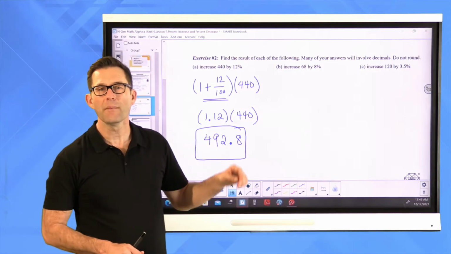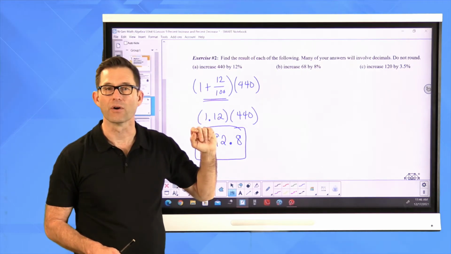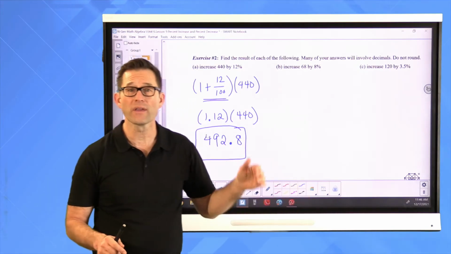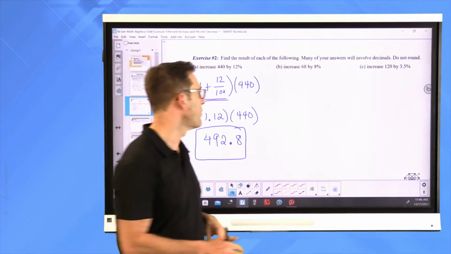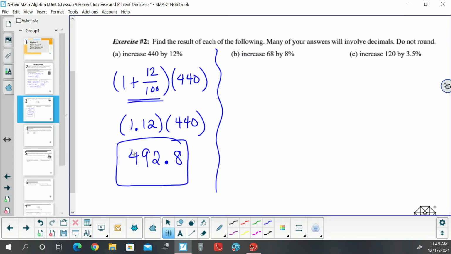Now again, I'm going to keep emphasizing this first calculation, this 1 plus stuff here. You don't necessarily need to do that, but in case you're wondering what you should be multiplying by: in letter B, I want to increase 68 by 8%. If you're comfortable that that's 1.08, great. The idea, though, is that I'm multiplying it by 1 plus 8 100ths.